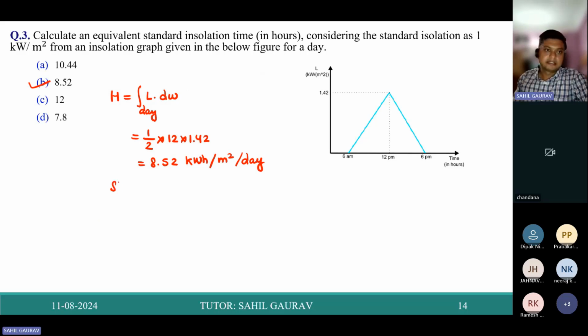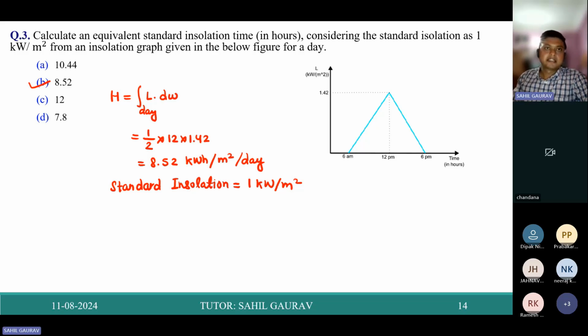And the standard insolation is given as 1 kilowatt per meter square.